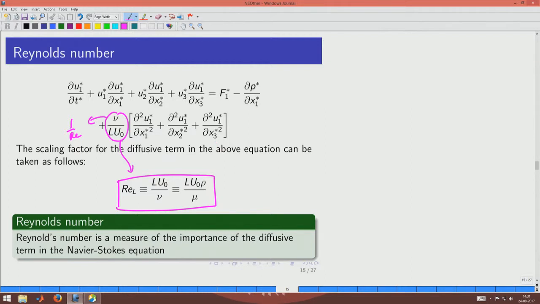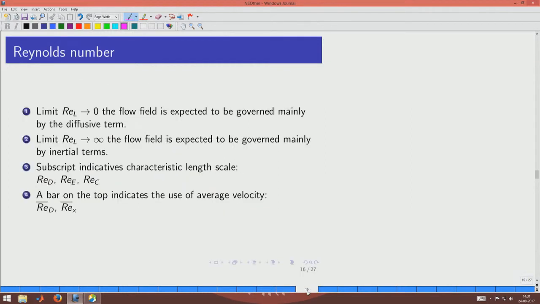This is the meaning of how the Reynolds number helps us. So, when the Reynolds number is very small, the solution of the flow field is governed mainly by the diffusive term, and when the Reynolds number is very large, it is governed by the inertial terms, that is the remaining terms on the left hand side.